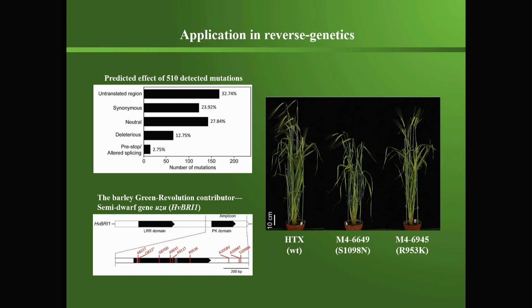As our experiments identified, about 40% of the mutations were non-synonymous, and premature or altered splicing mutations were about 3%. Taking the barley semi-dwarf gene BR-insensitive1 as an example, novel mutations resulting in decreased plant height have been obtained.